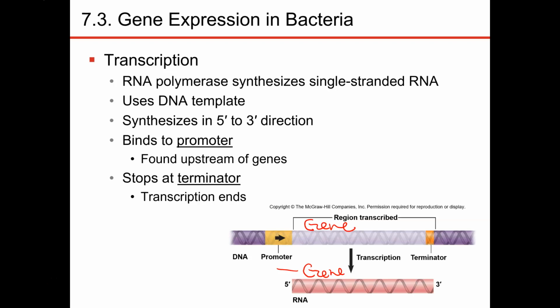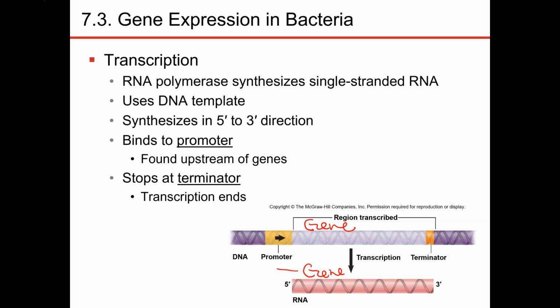Hey, let's get into transcription now. Transcription is the production of an RNA molecule that has the same information as the original DNA. And so DNA is the template for transcription.